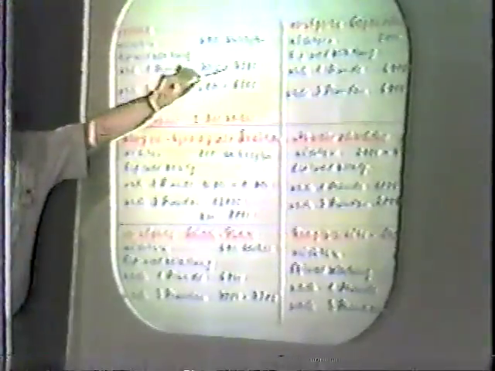So if you have as a beginning value 7,000 leukocytes, then the increase should be at least 1,000 to 1,500 leukocytes.